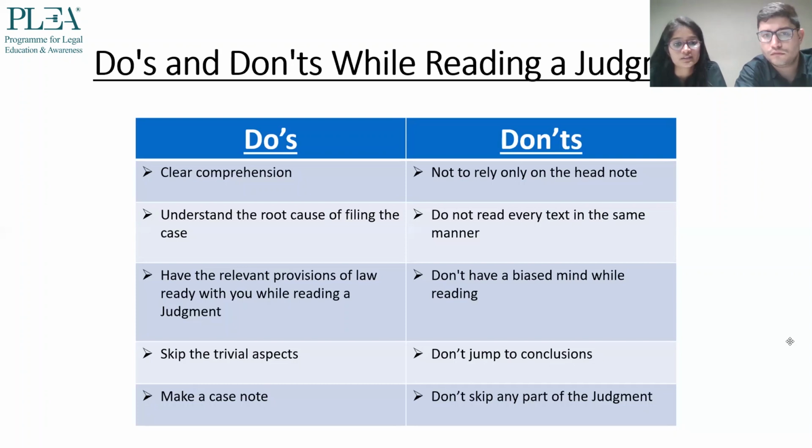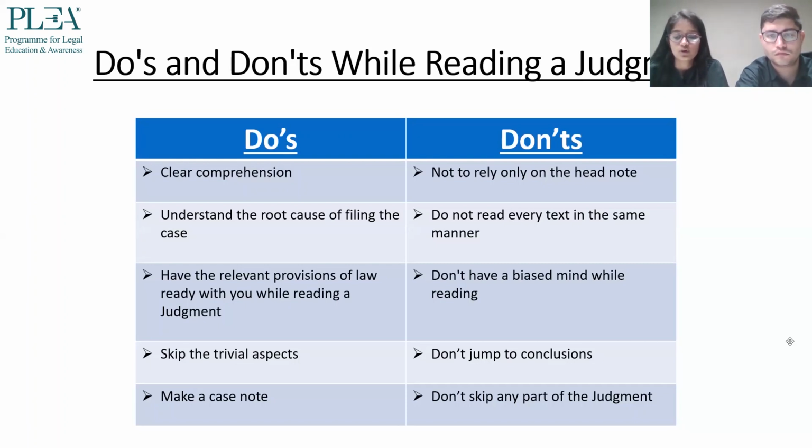The next part, and this will obviously only come with time, is that you have to skip the trivial aspects in a judgment. For example, when you're reading a judgment, you have several facts which are repetitive, usually because the parties have repeated facts in their contentions or while arguing, and those facts are already in the body of facts cited earlier in the judgment.